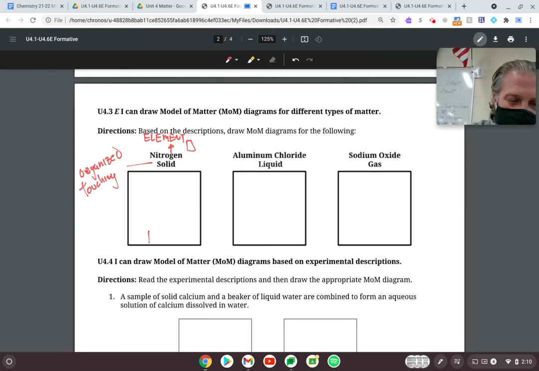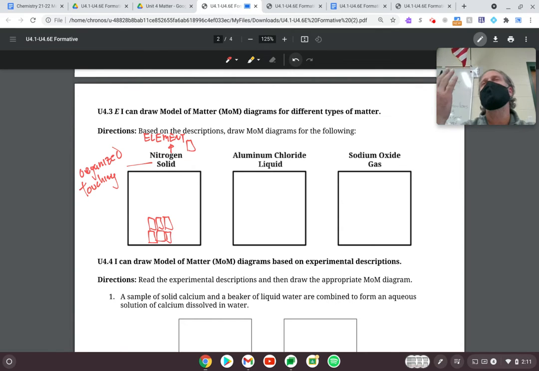And I'm going to draw 1, 2. Oh, that's not a square. I don't know what that is. 3, 4, 5, 6. So that's organized and touching. So that's my solid nitrogen. Well, I was just drawing 6. If you drew 8, because that's what I was doing in the past, totally fine. You just need to have more than, like, say, 2 or 3 so that I know that there's organization.